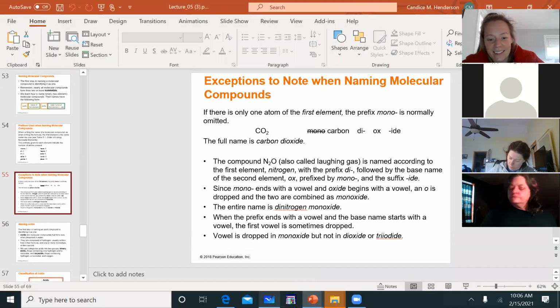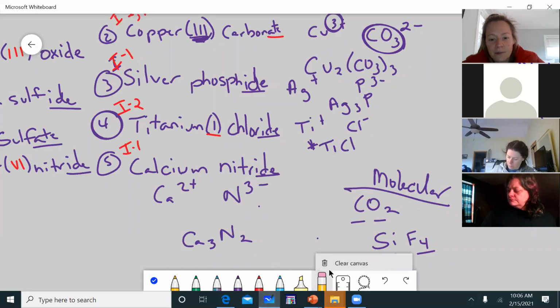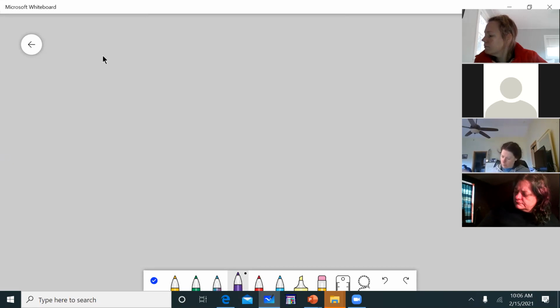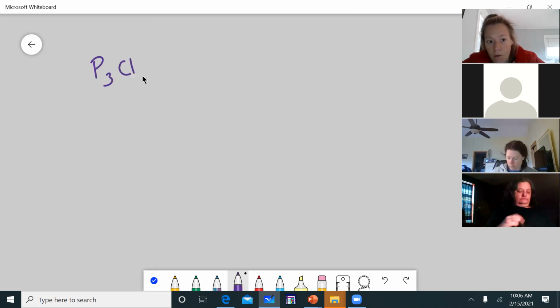Let's practice though. When you're writing these, the more metal-like thing will be listed first because we're dealing with two nonmetals. So like P3Cl4.